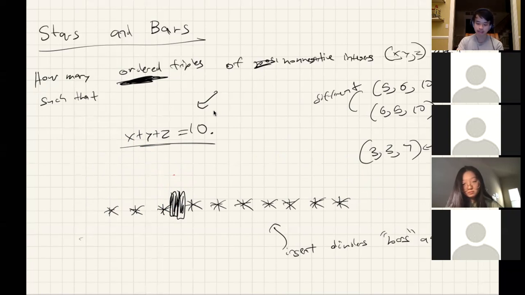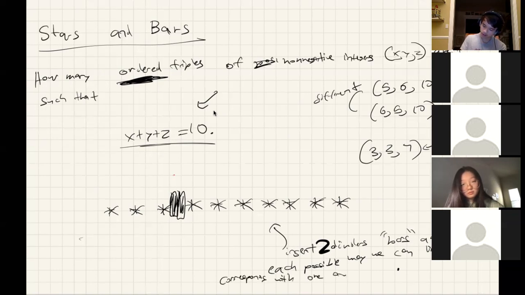And the key idea is that we're inserting 2 dividers among them, and each possible way we can insert them corresponds with one ordered triple.